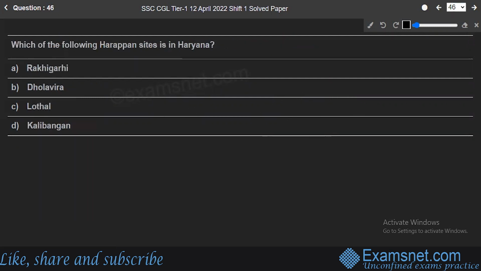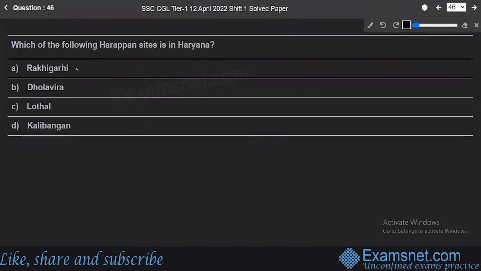Next, let's move to question number 46. Which of the following Harappan sites is in Haryana? Is it Rakhigarhi? Is it Dholavira, Lothal, or Kalibangan? Which of these is a Harappan site in Haryana?